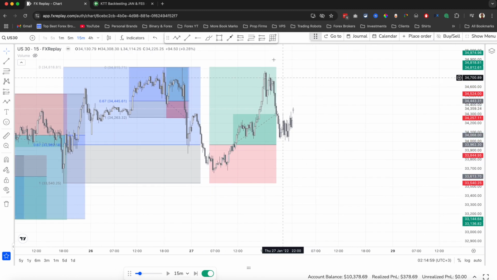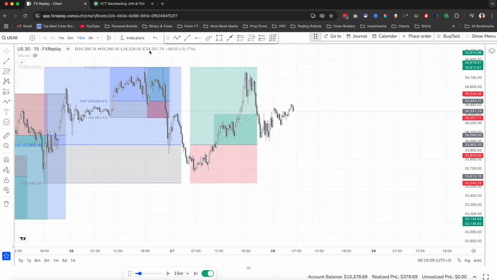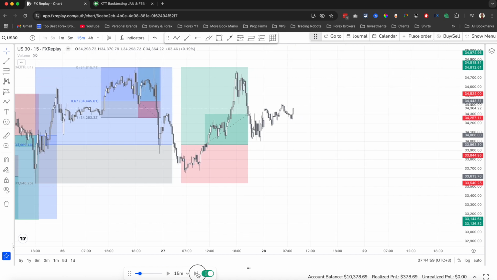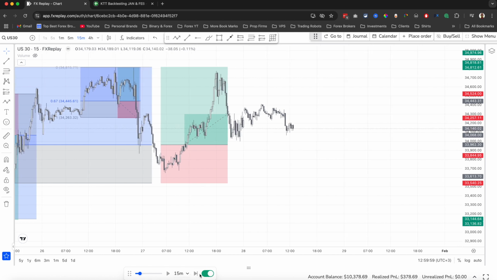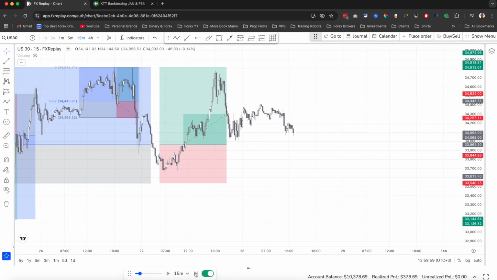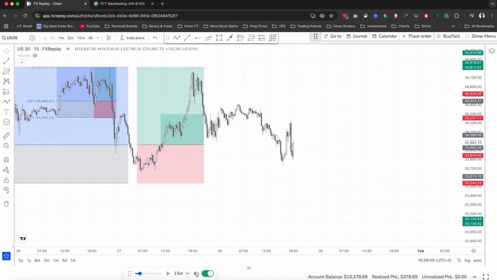You see, it was nearly making the trade, but the price is respecting the high here. It's like the price is stepping down.